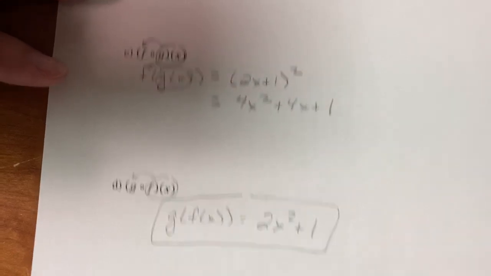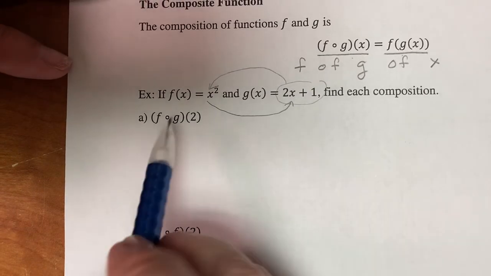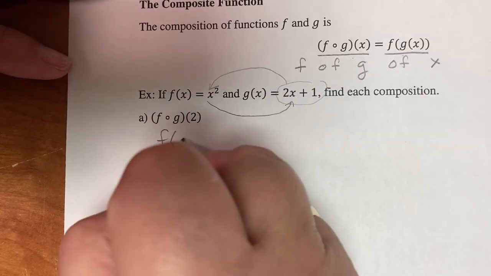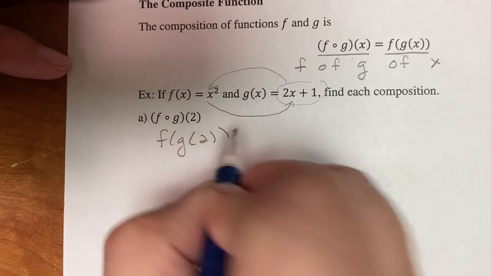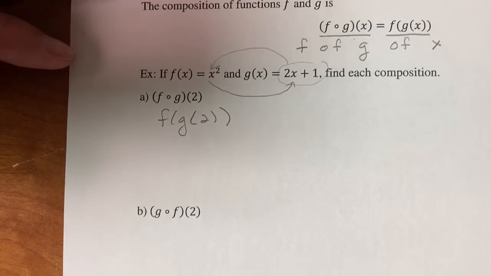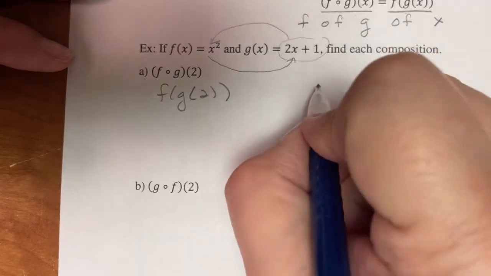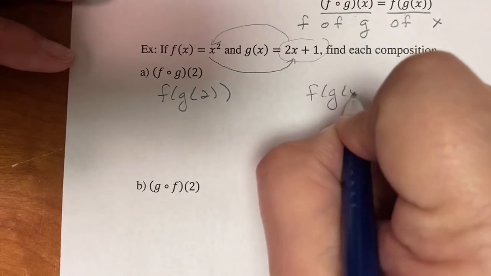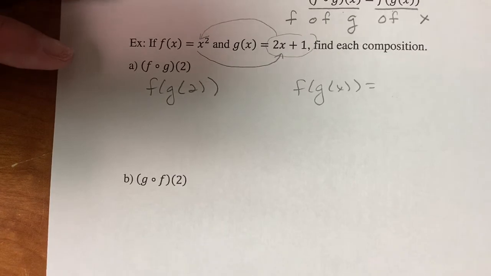Now, what if I want f of g of 2? Well, there are two different ways I could do that. I could first look at my f of g of x, which I just found.